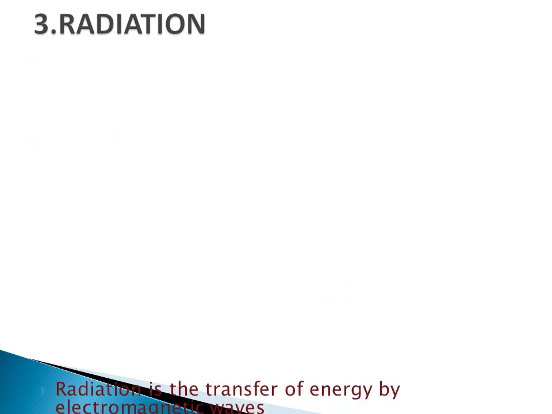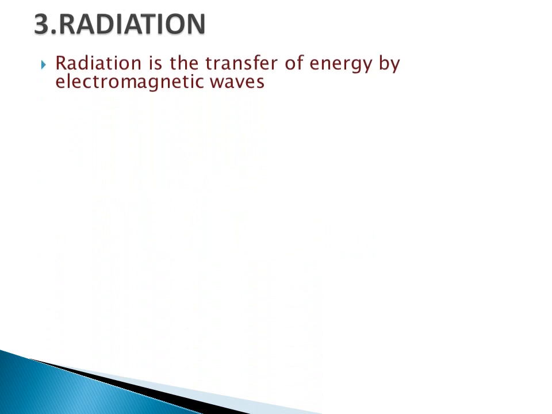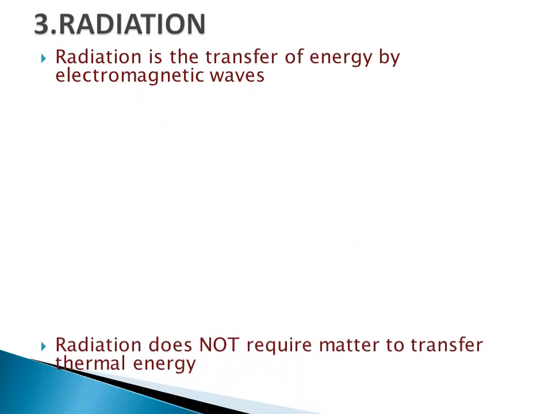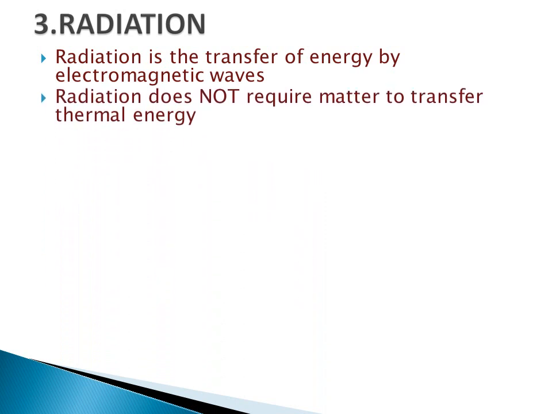And the third way of heat transfer is radiation. Radiation is the transfer of heat by electromagnetic waves. Radiation does not require matter to transfer thermal energy. As you know, conduction and convection require matter, a solid or liquid.